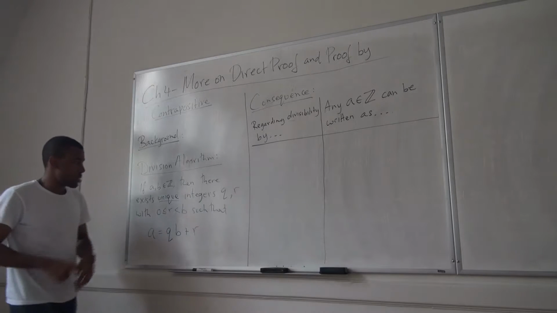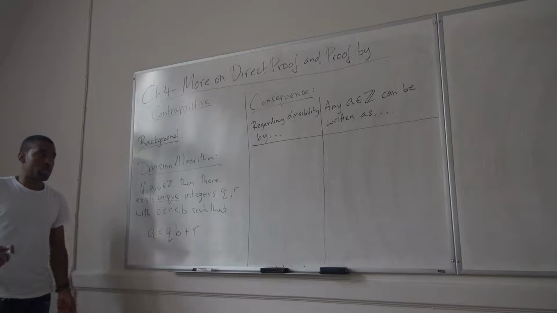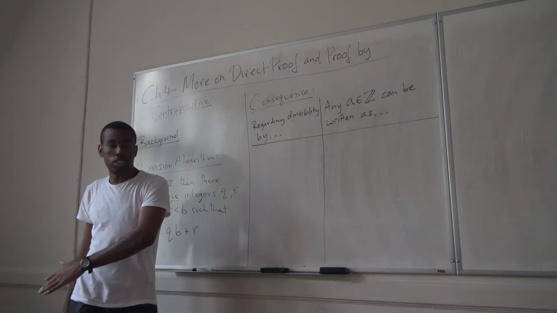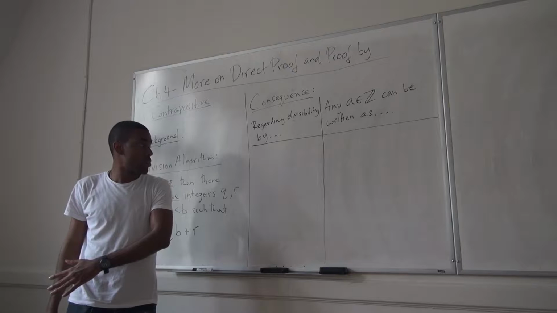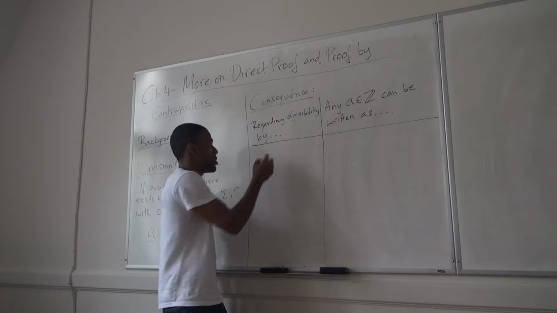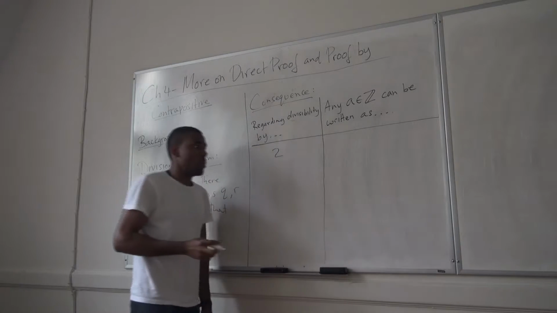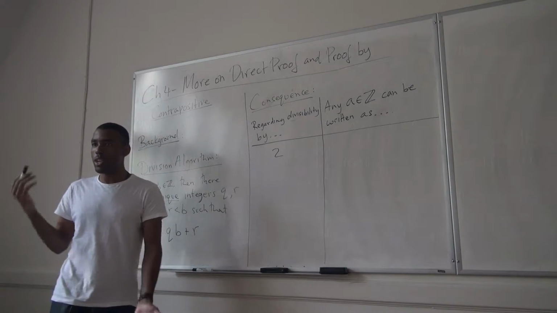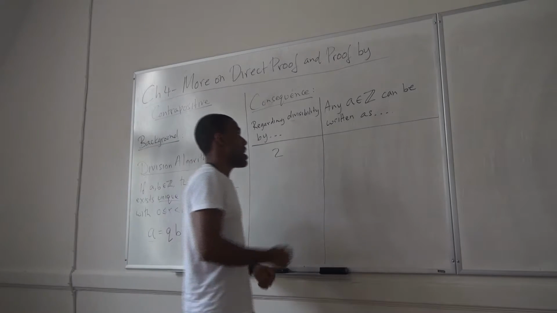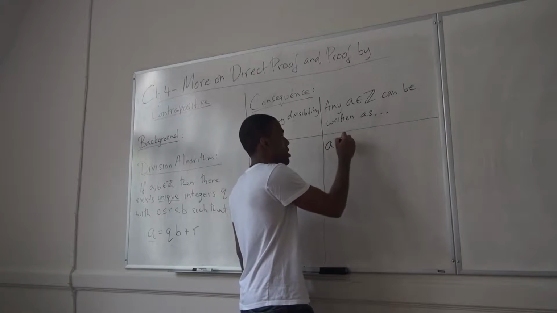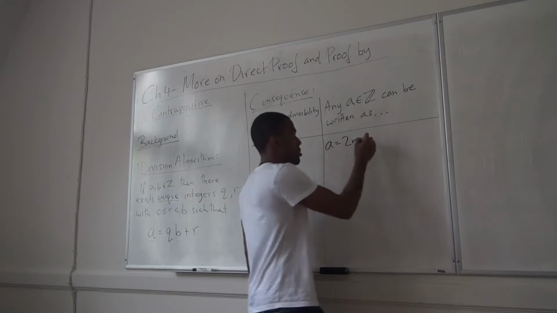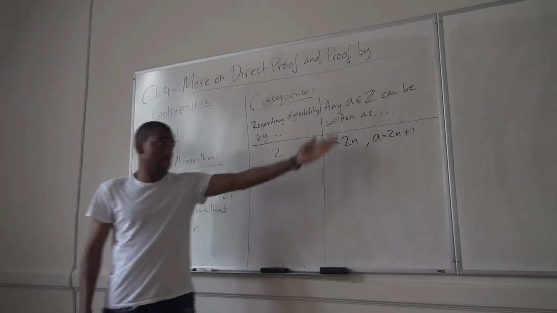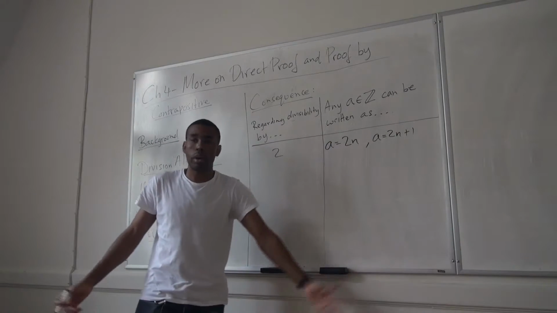Okay. So using this as a consequence, whenever we're thinking about divisibility by a certain integer, we can express all other integers in several ways regarding that divisibility. For example, if you're thinking of divisibility by 2, we already know about this. There are only 2 options, right? You're either odd or even. You're either divisible by 2 or you're not. So it means that any integer A, you can write A is equal to either a multiple of 2 or A is equal to a multiple of 2 plus 1. It means that you can divide by 2, but the remainder will be 1.